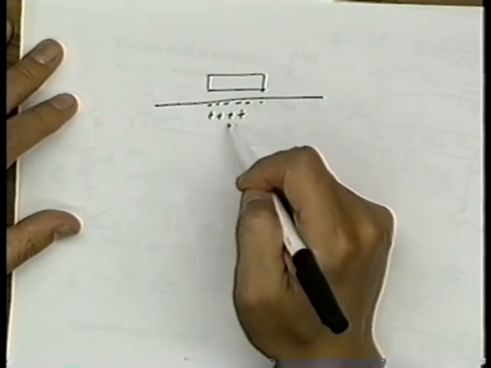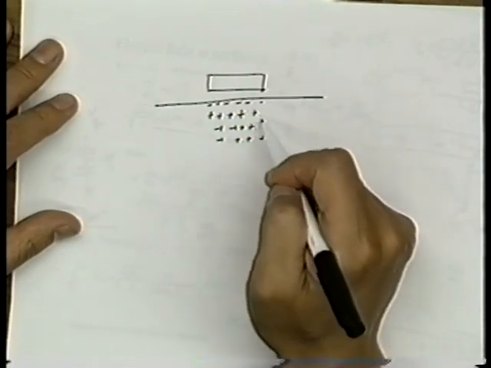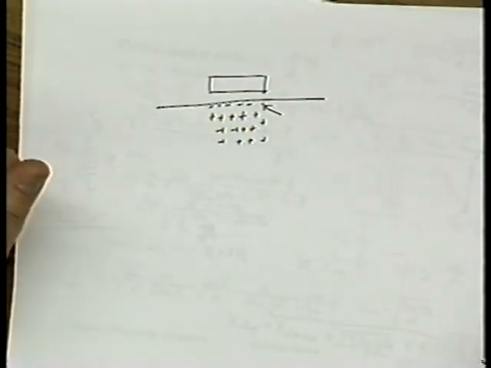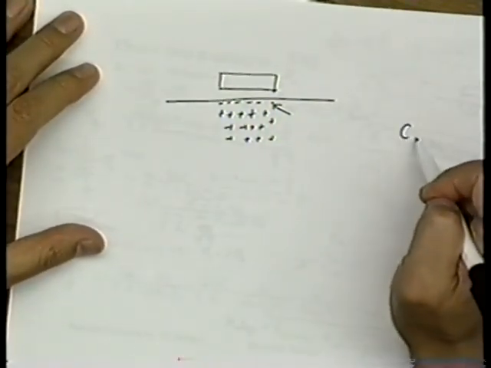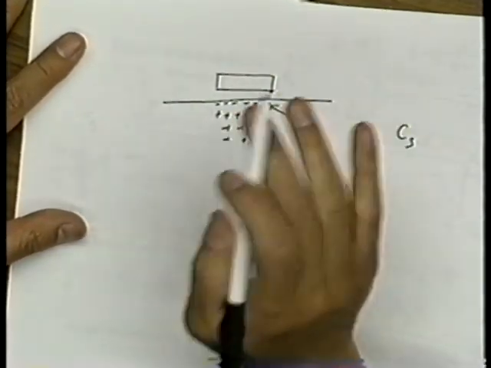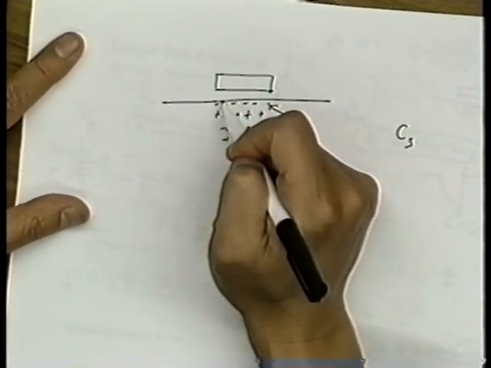What I've just plotted is a few positive signs to represent the charge in the depletion layer region, and some negative signs as the charge in the inversion layer. I want you to remember that when we take the capacitance C_S, the top of C_S is not the inversion layer. That's not our capacitance. It's actually even on top of that inversion layer.